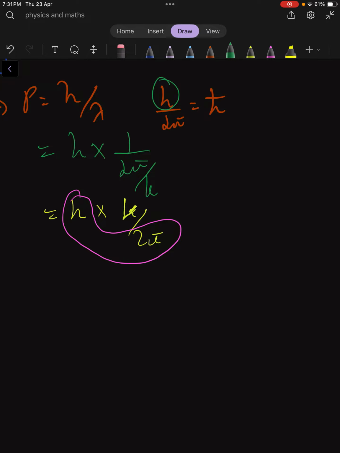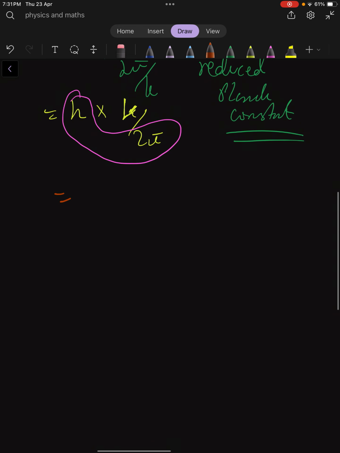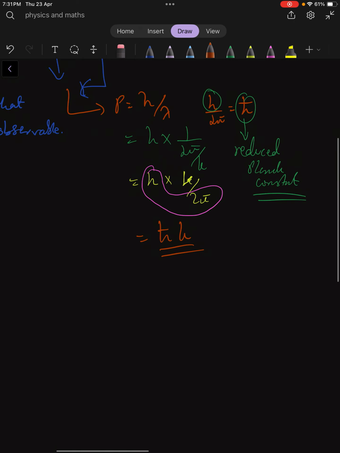This is Planck's constant, and this is the same thing but reduced Planck's constant. And this is an even smaller value. Then rewriting it, we get h bar k, sorry, k not t. So we just changed p is equal to h over lambda to p is equal to h bar k.